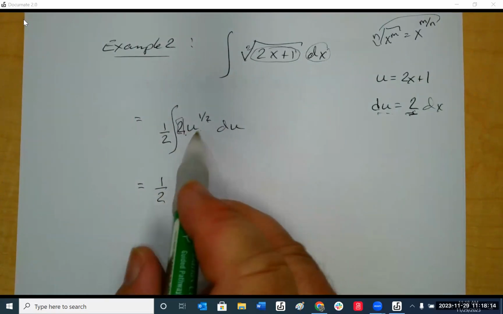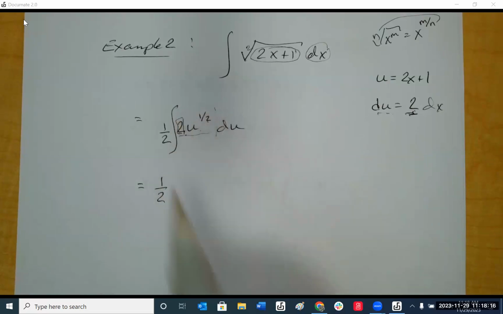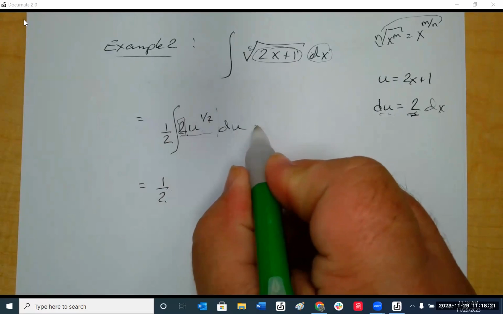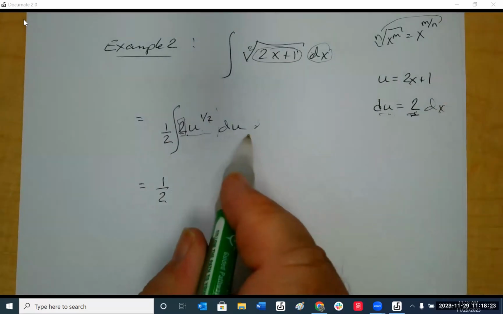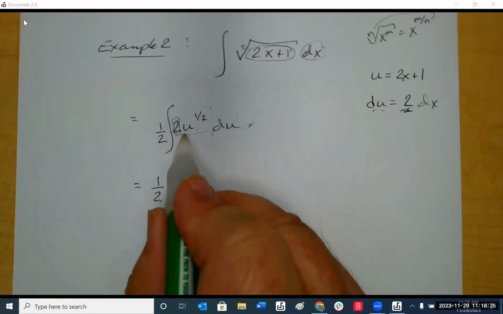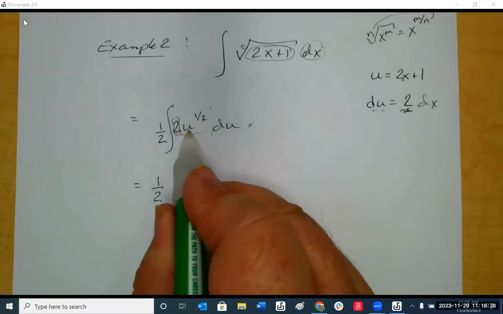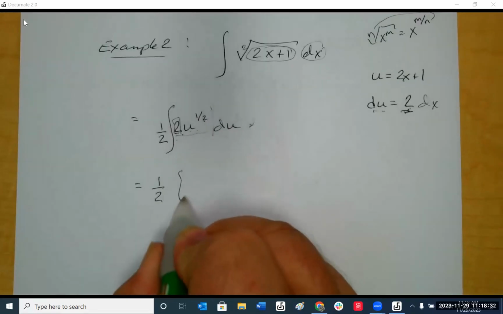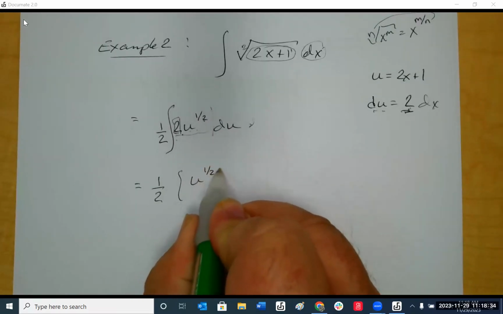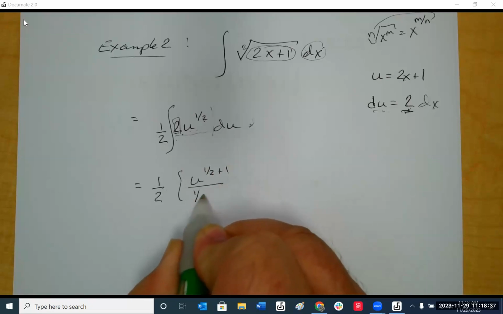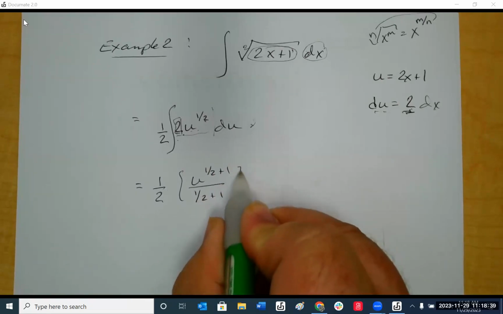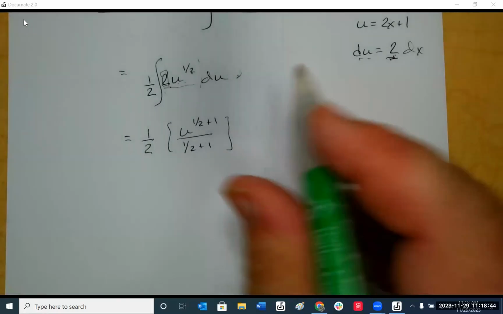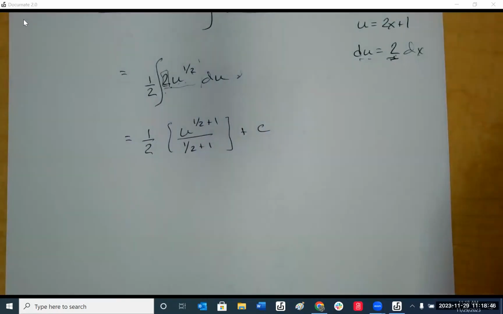Now we can go ahead and integrate this one, since we had the 2u du dx, which is dx there. All right, so the integral of u to the 1/2 is u to the 1/2 plus 1 over 1/2 plus 1, plus c.